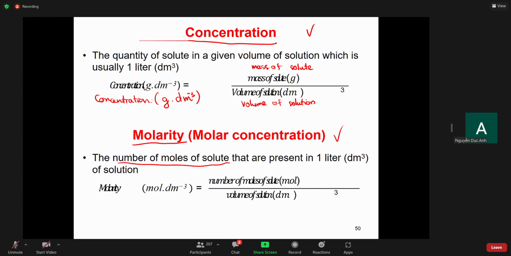So the molarity is calculated by the number of moles of solute in a volume of the solution: the moles of solute over the volume of solution.